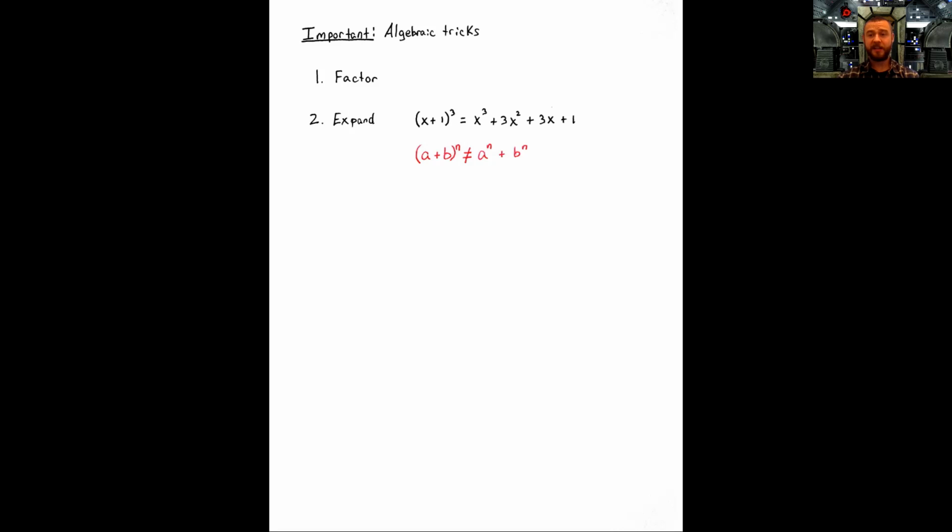In red there is arguably the biggest mathematical mistake that students make through any mathematics course. A plus b to the nth power is not a to the nth power plus b to the nth. So just make sure you are comfortable with that. All right, those are 2 basic algebraic techniques or tricks, factoring or expanding, which we'll apply in the next few examples.